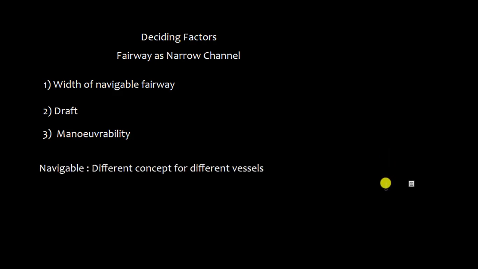All right, the term navigable could be a different concept for different vessels. For example, for a sailing vessel, the concept of navigable is different than for a VLCC or a container ship. However, these rules are applicable for all types of ships.